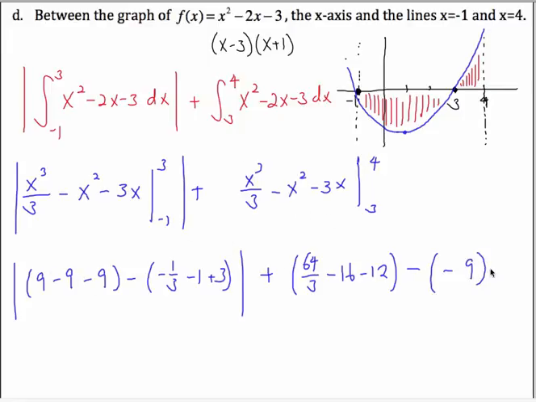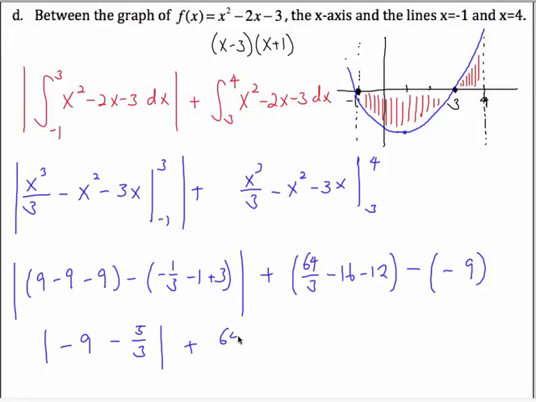That's negative 9. Okay, so that's the absolute value of negative 9 minus, this is going to be 2 minus 1/3, so 5 over 3, plus, that's going to be negative 28 plus 9.